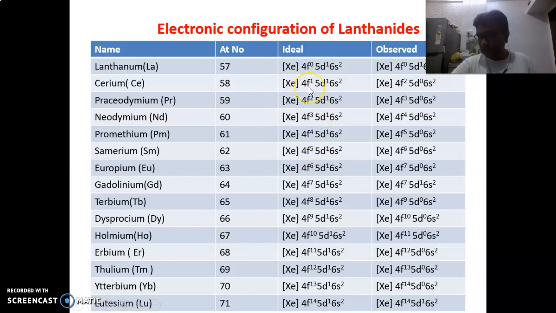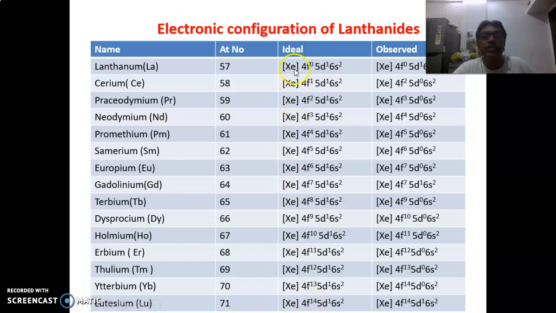Here one electron is there in the 4f orbital. The next element, praseodymium, has the electronic configuration 4f2. In this way, the addition of electrons takes place into the 4f orbital. For the last element lutetium, the 4f orbital is completely filled. 14 electrons are there, 4f14, atomic number 71.